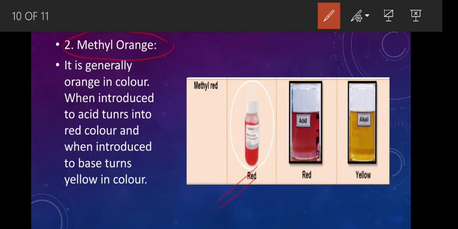If you introduce it to acidic solution, it will become red. But if you introduce it to basic solution, it will be yellow in color. It will turn to yellow color, right? Have you all understood?